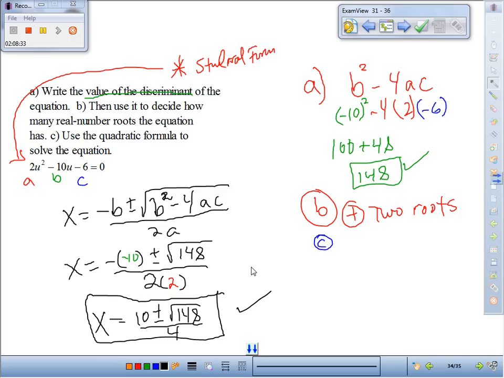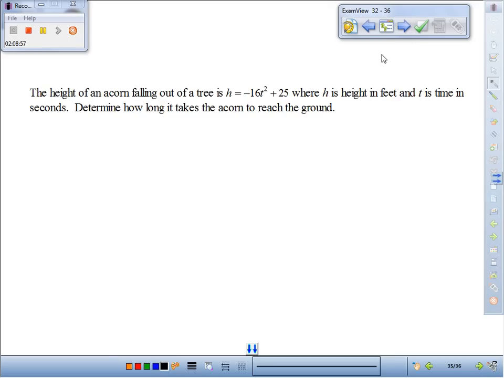Number 32. Here we go, 32. The height of an acorn falling out of the tree is h equals negative 16t squared plus 25, where h is the height and t is the time in seconds.